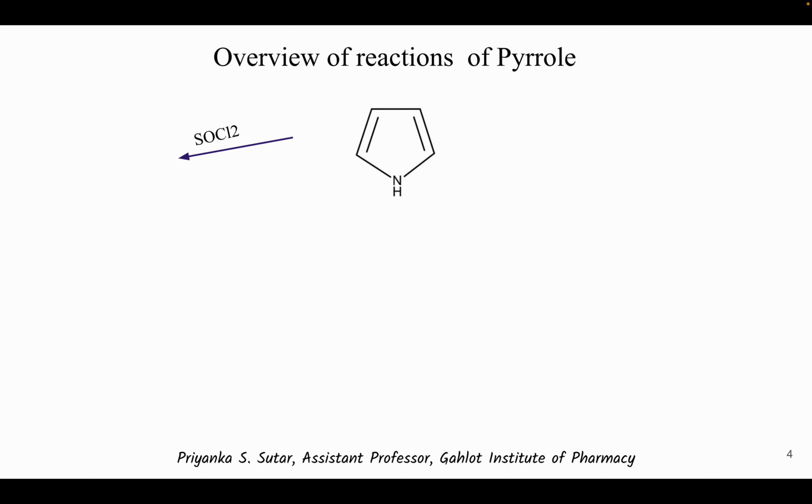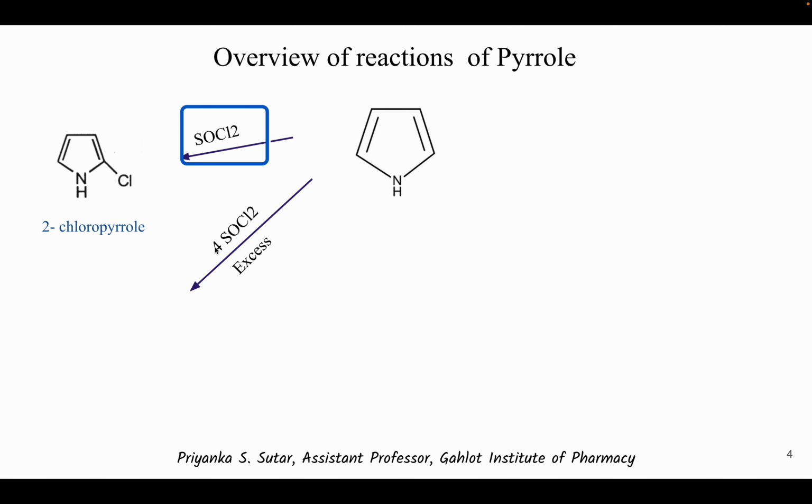Chlorination with thionyl chloride. Here the reagent is important: depending upon the reagent, the product changes. If 1 mole of pyrrole reacts with 1 mole of thionyl chloride, it will form 2-chloropyrrole, and if the same pyrrole is reacted with 4 moles of thionyl chloride, then it will form 2,3,4,5-tetrachloropyrrole.